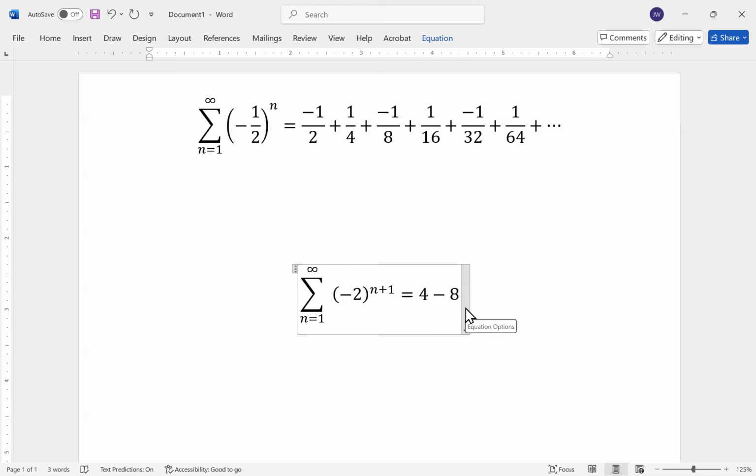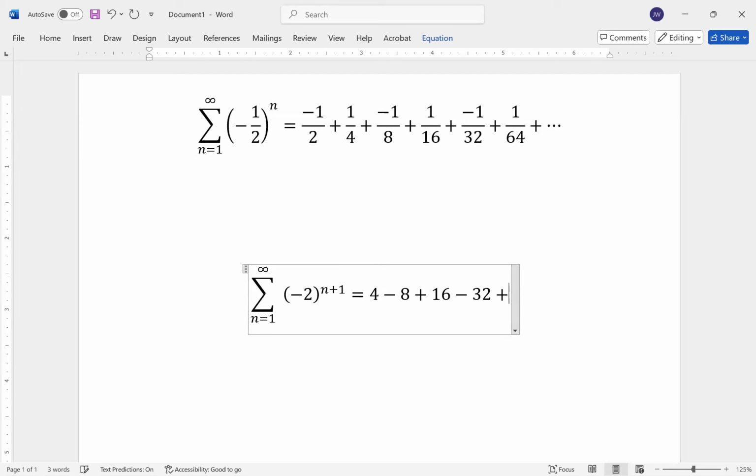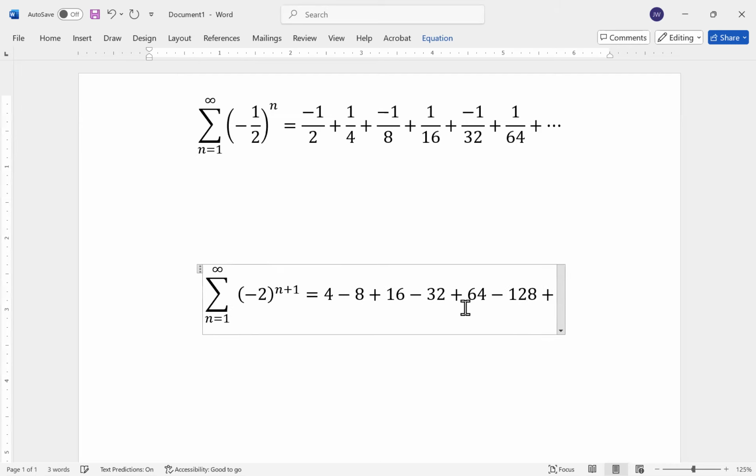When I plug in a 3, my power would be 4. So I'd get a positive 16. When I plug in n equals 4, I would get an exponent of 5, so that would be a -32. And we just alternate back and forth between positive and negative numbers.